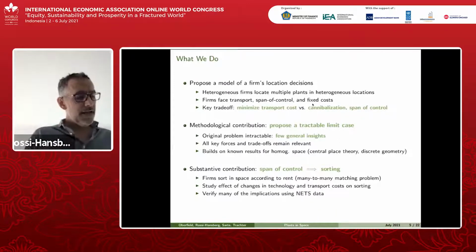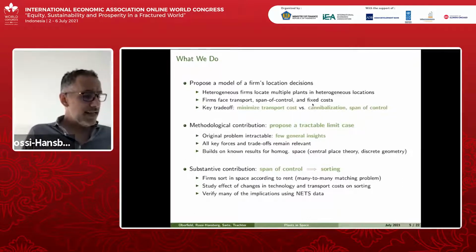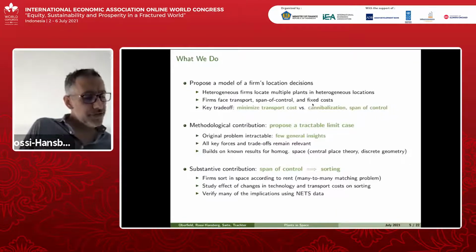It's a limit in which we're going to change this cost in a way that I'll specify in a minute, that is essentially going to make the problem of the firm a local problem, and that's going to allow us to analyze it in a relatively simple way using some of the insights of the old central place theory and discrete geometry.